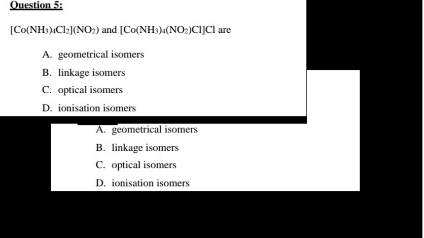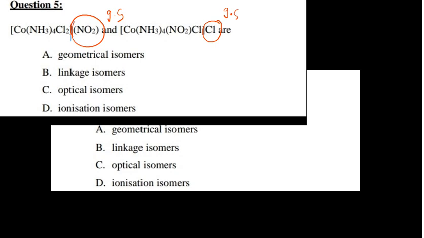In ionization isomerism, you can see here this is the ionization sphere which is having the nitro group, and in the other case this is the ionization sphere which is having your chloride. So a change in the ionization part will lead to ionization isomerism.